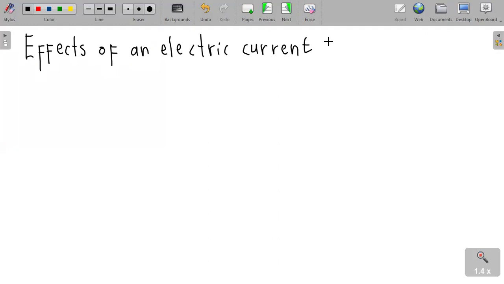There are 3 effects here that we should understand. So the first effect is that what?